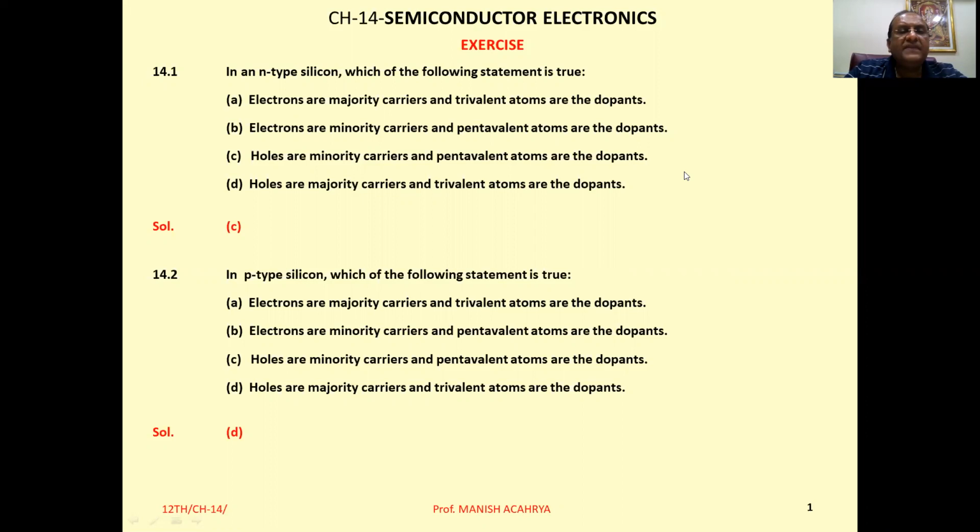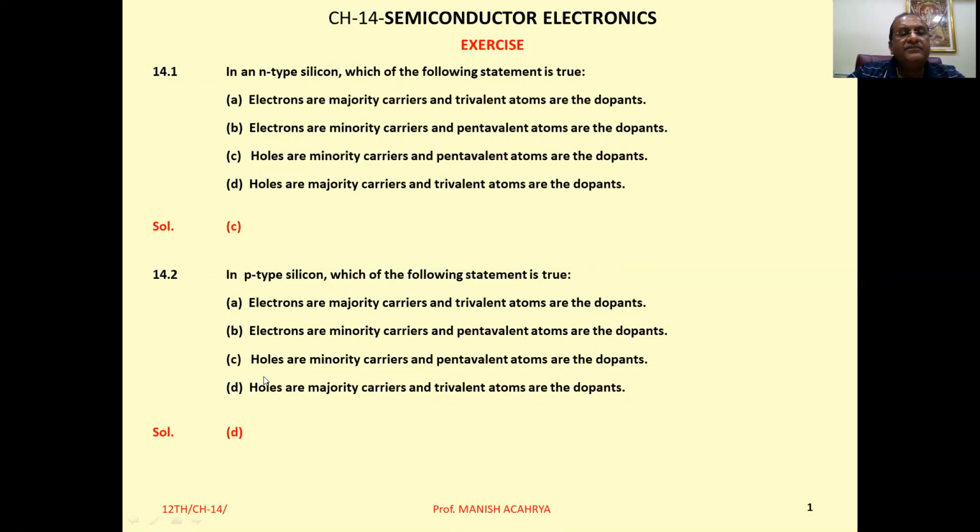D. Holes are majority charge carriers and trivalent atoms are the dopants. Again, wrong one. Then in p-type silicon, which of the following statement is true? A. Electrons are majority carriers and trivalent atoms are the dopants. Again, wrong one. B. Electrons are minority carriers and pentavalent atoms are dopant.